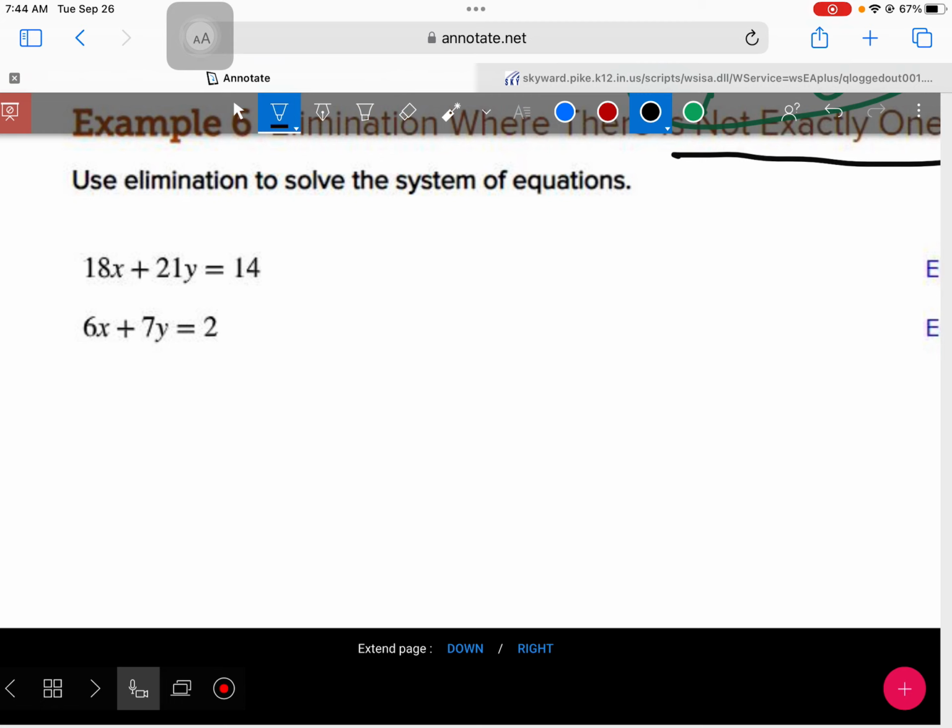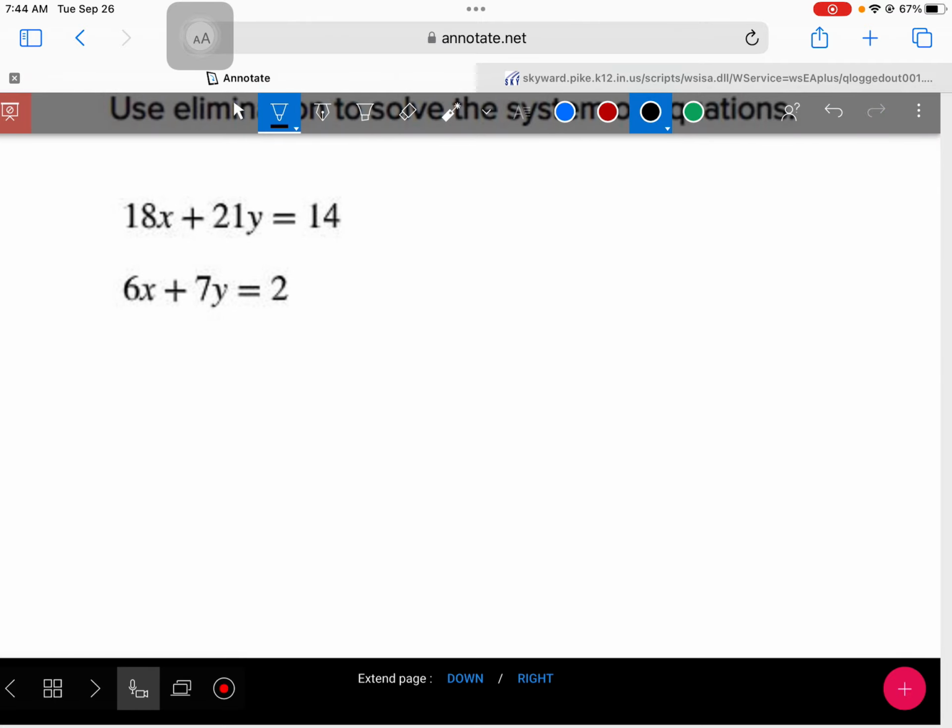No. But I do see, for both the x's and the y's, that if I take 6 and multiply it by a negative 3, that'll make negative 18, and I could cancel those out. Or I could take 7, multiply that by a negative 3, and that's going to be a negative 21, which would also cancel out. Okay?